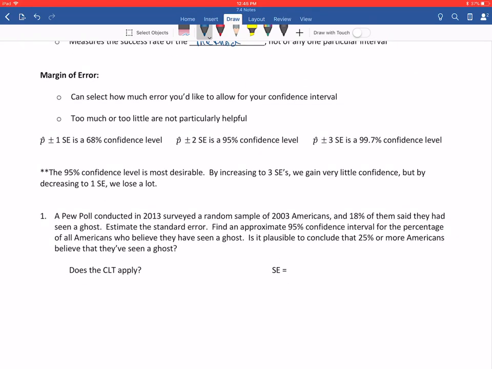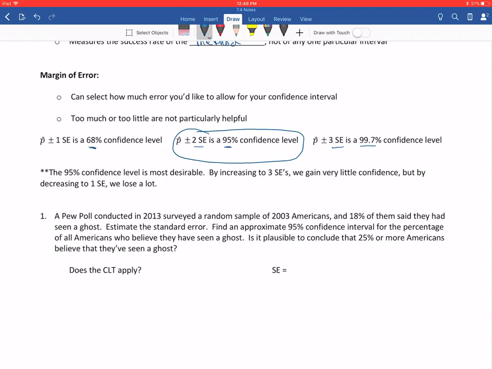Now, as far as the margin of error, it says you can select how much error you'd like to allow. But too much or too little are not particularly helpful. So what we've seen are the three standard ones. We've got a 68% one, which is one standard error in each direction, a 95% confidence level, which is two standard errors in every direction, and 99.7 is 3 in each direction. This one ends up being the most desired.